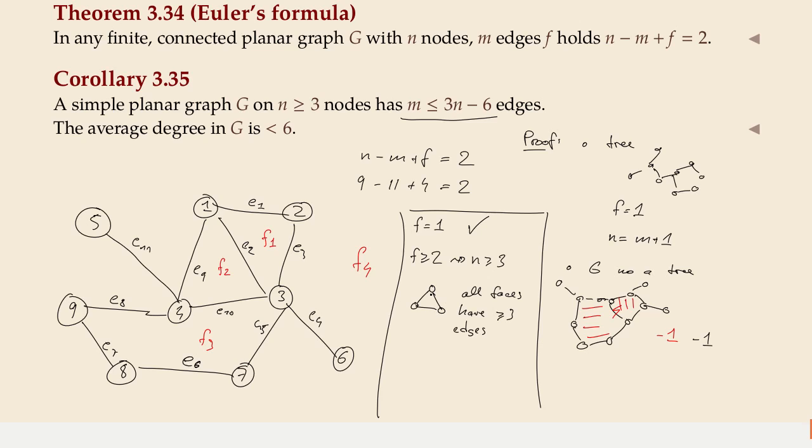And if we sum up the edges over all the faces, so we sum up over all faces the edges that limit the face, sloppy notation, then we're counting edges twice, but never more than twice, okay? Because usually there will be another face, then we count the edge twice.